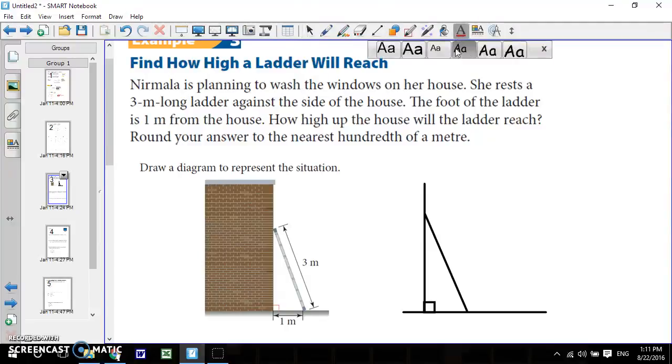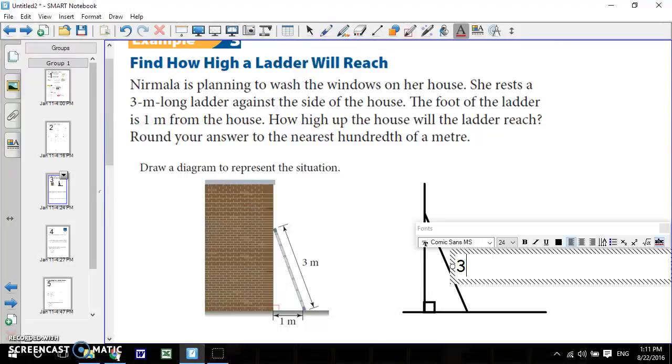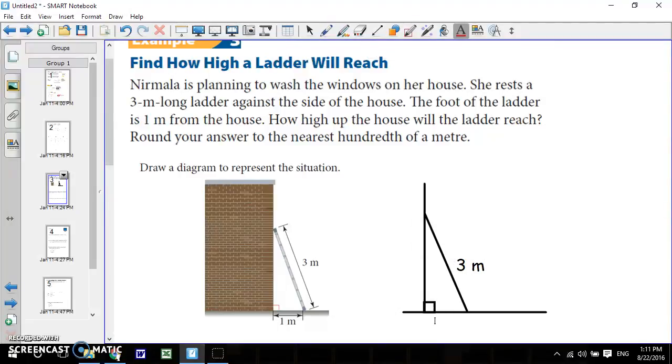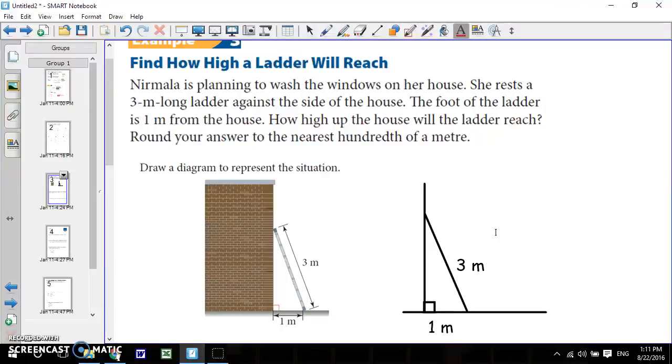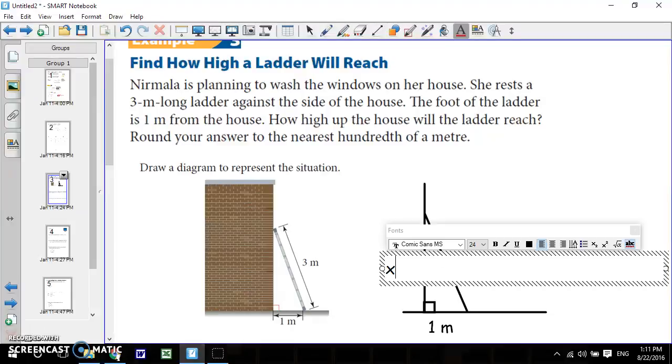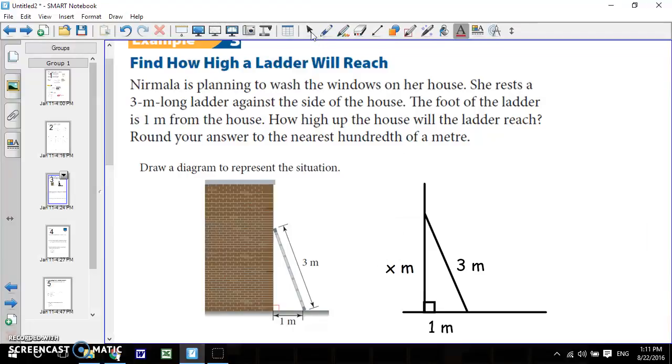And then we're going to label the sides. The ladder is 3 meters long, and the ladder is positioned 1 meter away from the foot of the wall. And how high up the house it will reach means that we're looking for the height right here.